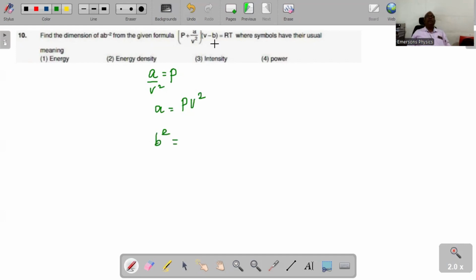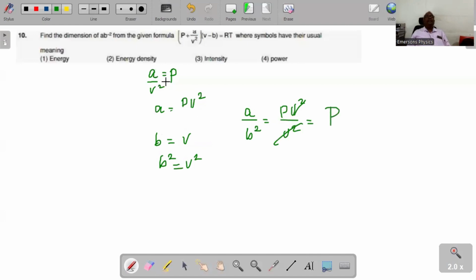B has the dimension of V. B squared has a dimension of V squared. You want to have A by B squared. A is nothing but PV squared. B squared is nothing but V squared. V squared gets cancelled. Pressure.